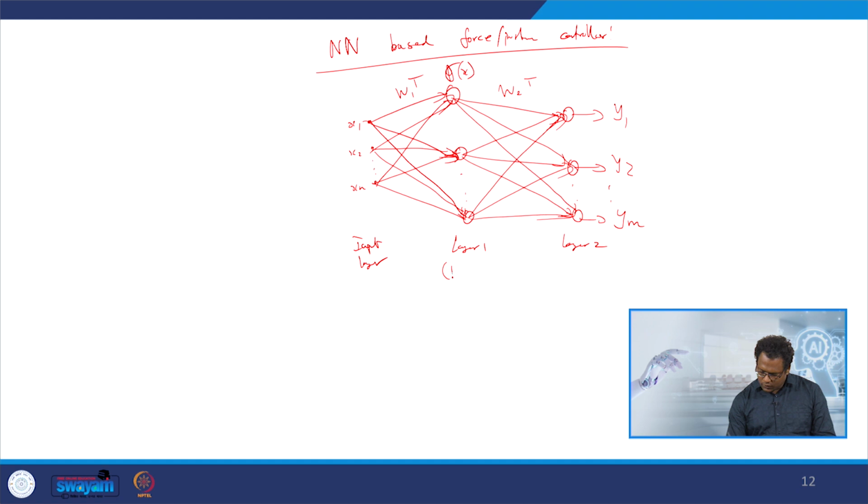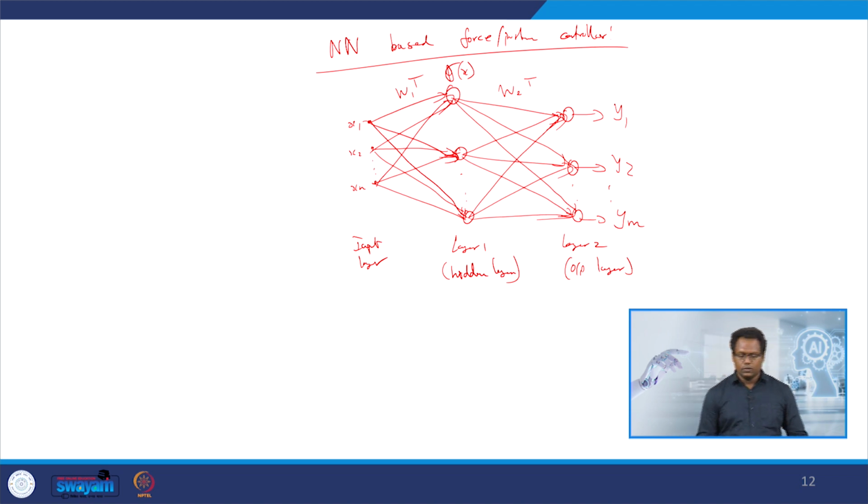So layer 1 is termed the hidden layer and layer 2 is the output layer for our case. Let us consider this for the neural network based position force hybrid controller.